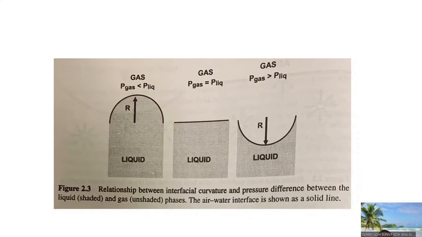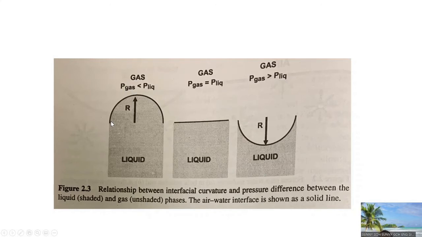Figure 2.3 shows the relationship between interfacial curvature and pressure difference between the liquid (shaded) and gas (unshaded) phases. The air-water interface is shown as a solid line. In the first case here, you can see that the pressure from the liquid is actually greater than the pressure of gas.